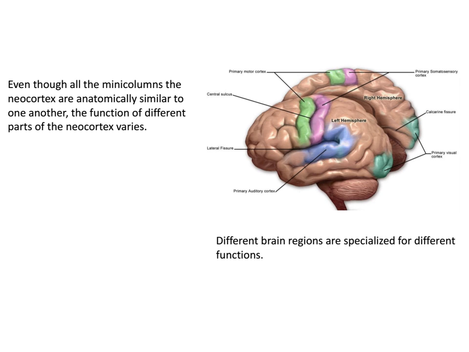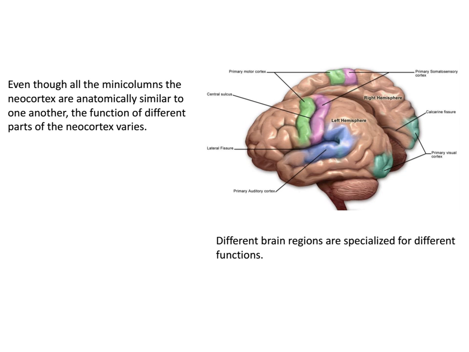Despite the similarity of the mini columns all across the neocortex, when we look at different parts of the neocortex, we find that they're specialized for different functions. For example, part of the neocortex may be specialized for receiving and processing visual input. Another area may be specialized for receiving and processing auditory input.